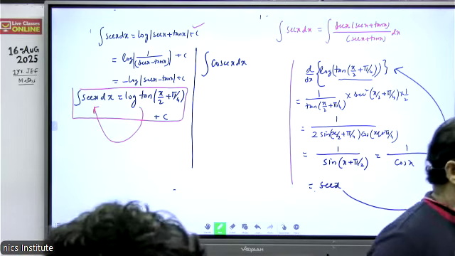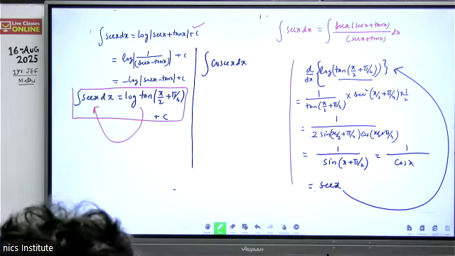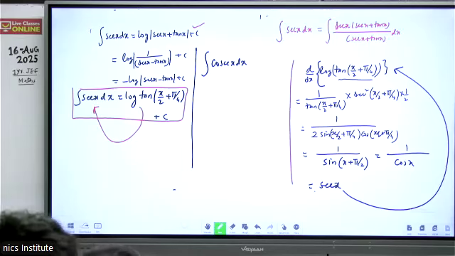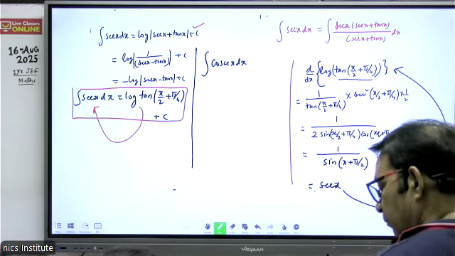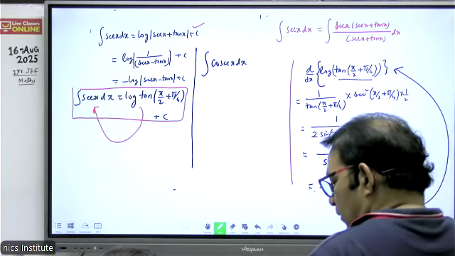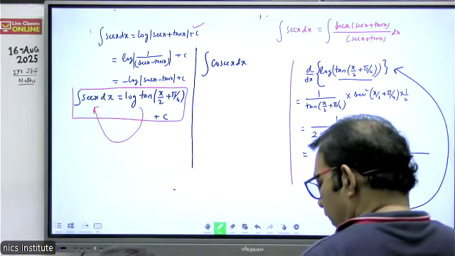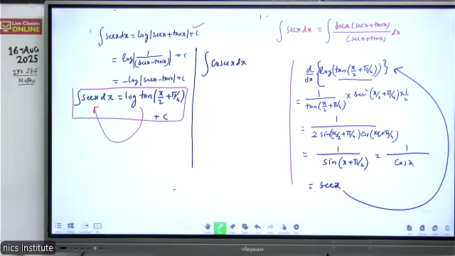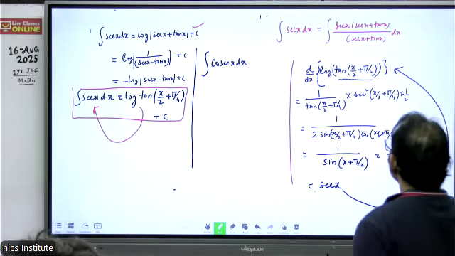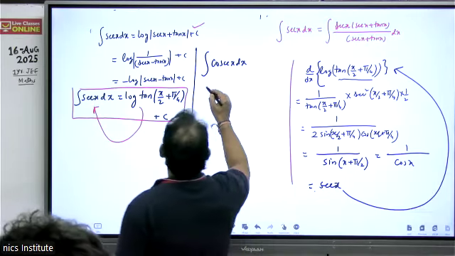In cosec x, you multiply and divide by cosec x minus cot x. Open the bracket in the numerator and let the denominator equal to t. Very similar to sec x.